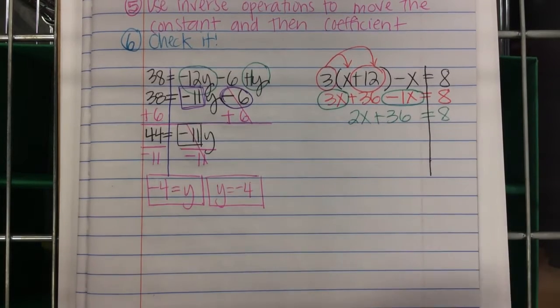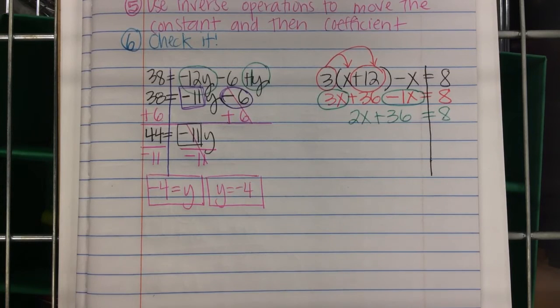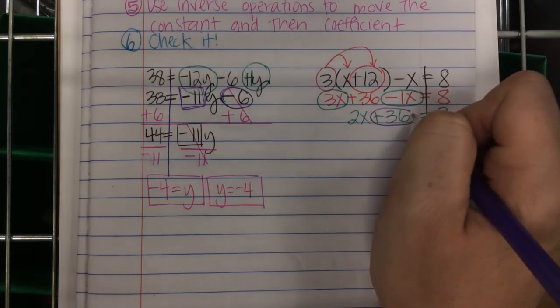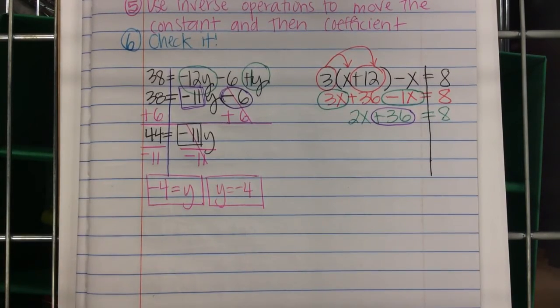Equals 8. Step 4, circle the constant, draw a box around the coefficient. What's my constant? Positive 36. What's my coefficient?